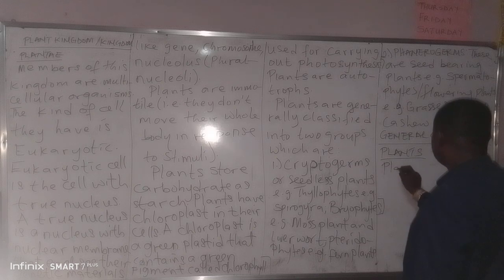So, plants are generally classified into the following three divisions. There are three divisions in plant kingdom. Let's look at them. Three divisions in plant kingdom. What are they?